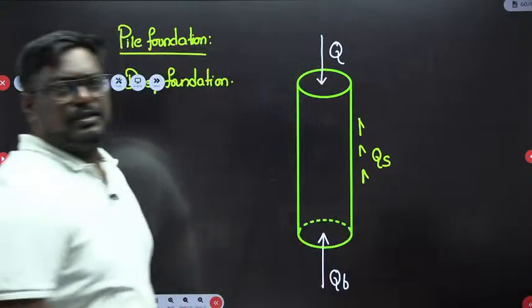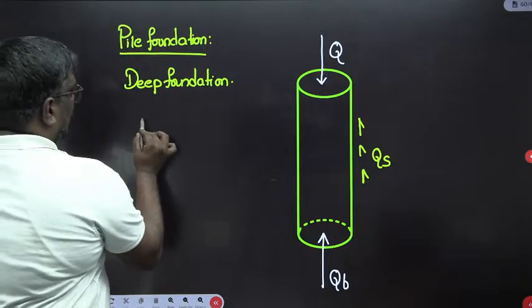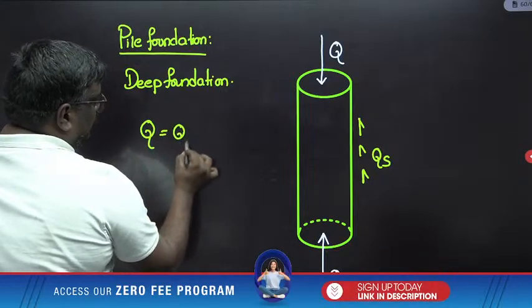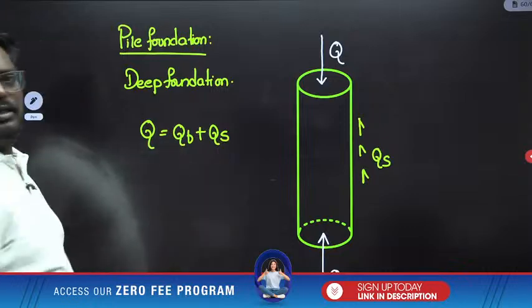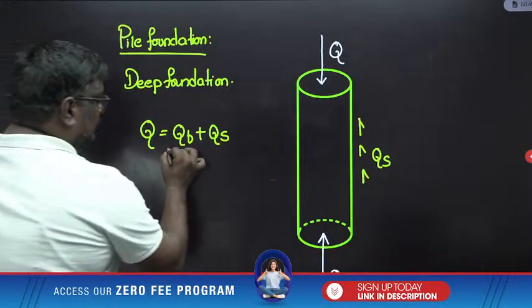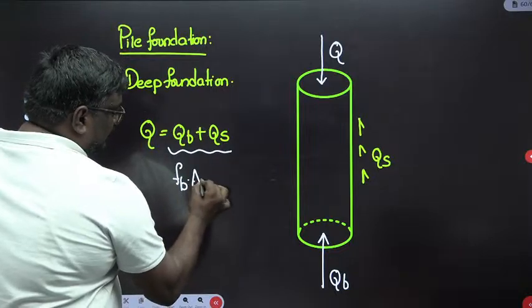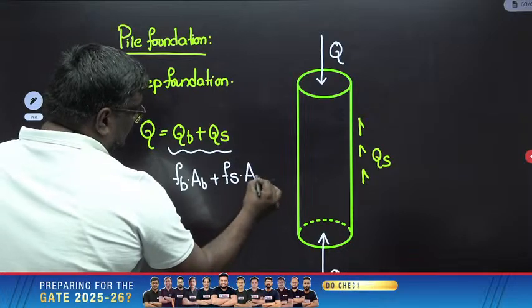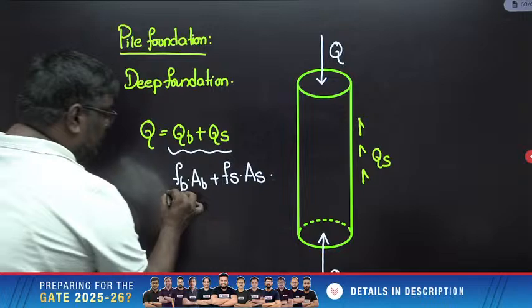The total ultimate load can be written as end bearing load plus load due to friction. This again can be written as end bearing resistance FB into area at the base AB, plus FS into AS.